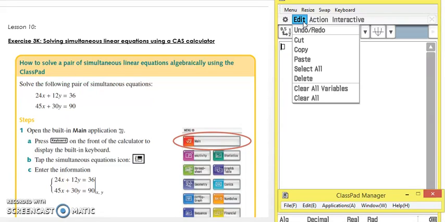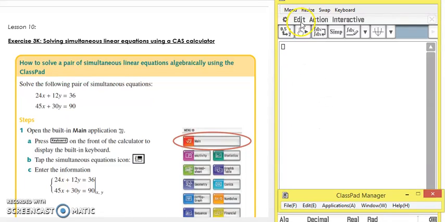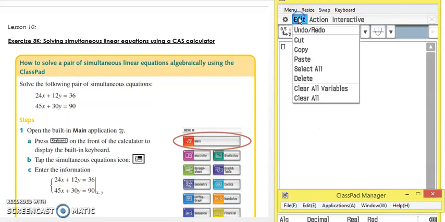Now I've cleared everything on my calculator, but there are two things you're going to want to do. The first thing is you want to clear all. Click OK. And the second thing you want to do is to clear all variables. The reason we do this is because when we're solving simultaneous equations, we're going to have an x equal to something and a y equal to something.